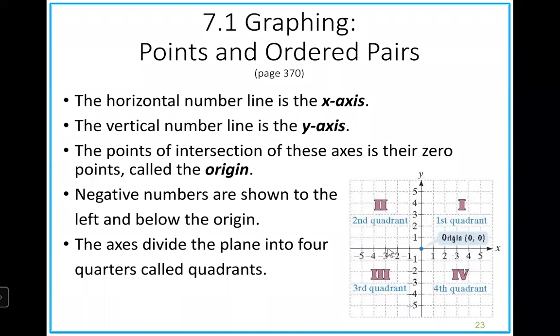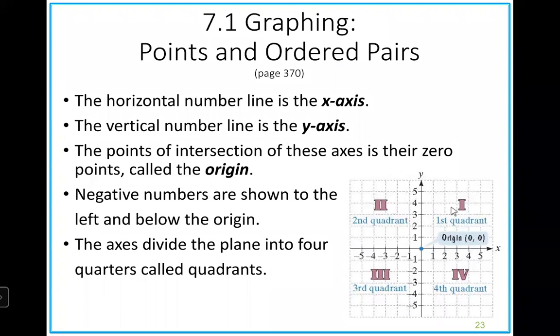So on the horizontal, the negative numbers are on the left, positive numbers on the right. And on the vertical, the negative numbers are at the bottom and the positive numbers are at the top. Because those 2 lines intersect, it divides the plane or the flat surface into 4 quadrants.